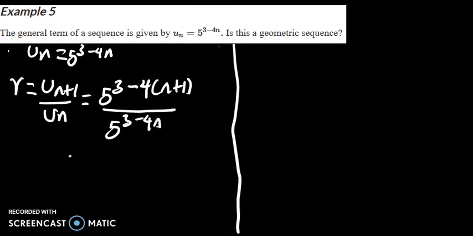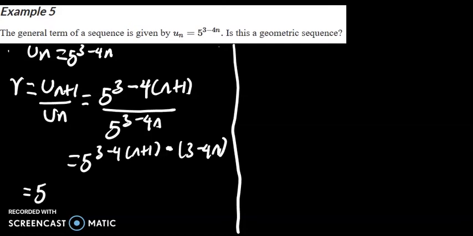Using the exponent rule, if they have the same base, you can subtract the powers: 3 minus 4 n plus 1 minus 3 minus 4n. Remember to put a bracket since the negative sign applies to both.